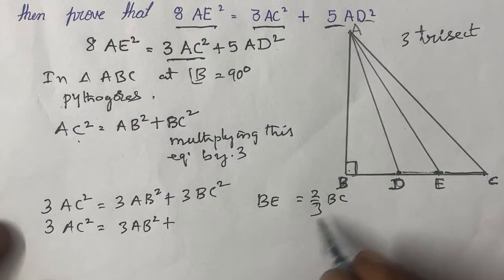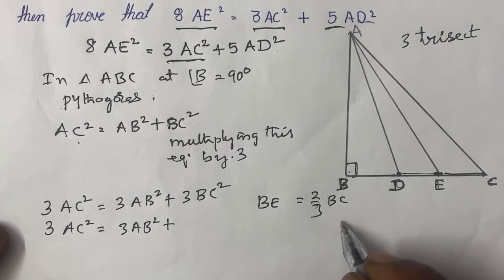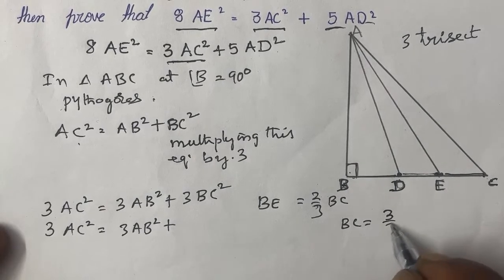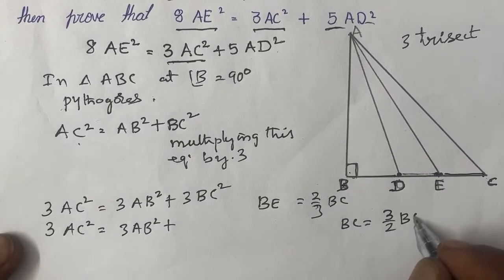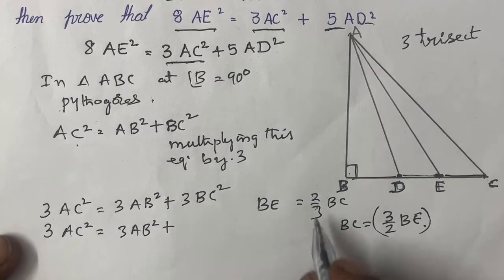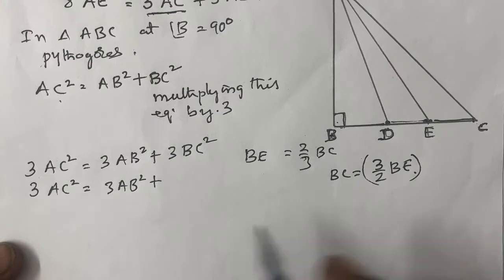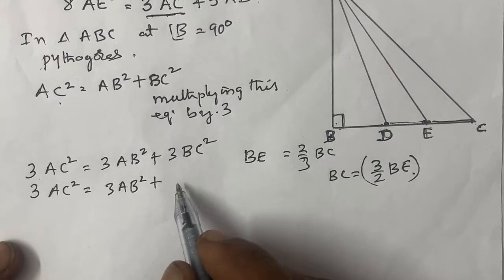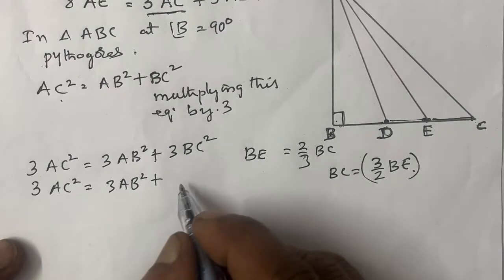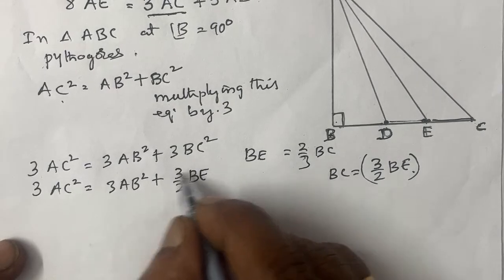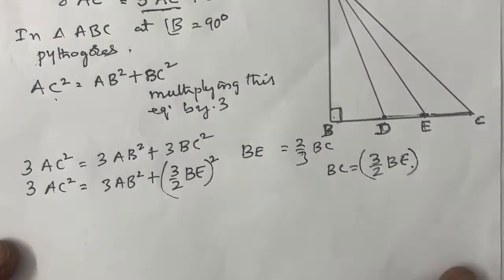But I want the BC value, so BC is equal to 3 by 2 BE. From this equation I got this point, so this BC value I will apply over here, 3 by 2 BE whole square.